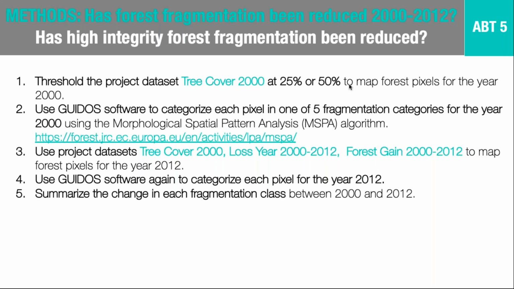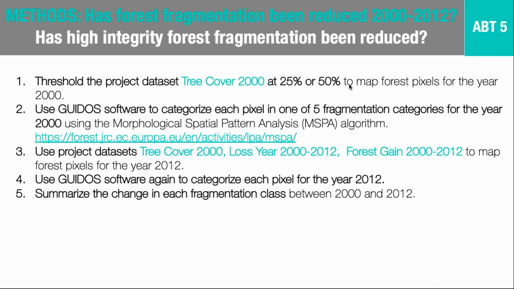And so the steps to this, we'll divide this question into two parts. The first looks simply at global forest cover, and then the second looks more specifically at high integrity forests. These are slightly different applications. But in any case, the fragmentation analysis requires a binary map to work with.